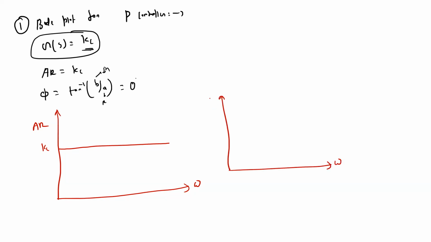If this is omega, this one is your phi, and let's say this phi is equal to 0 degrees. Now this one is your P controller, proportional controller.